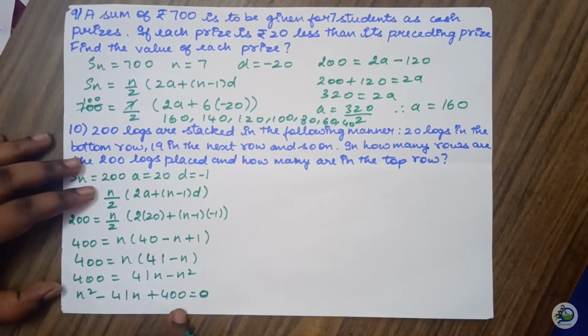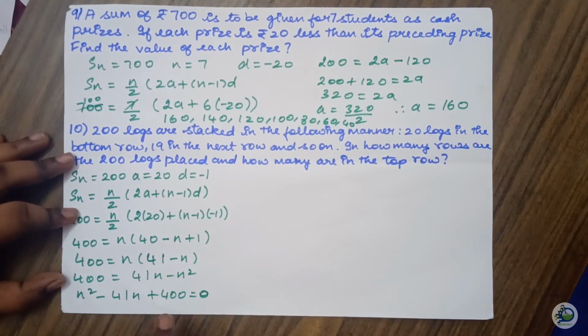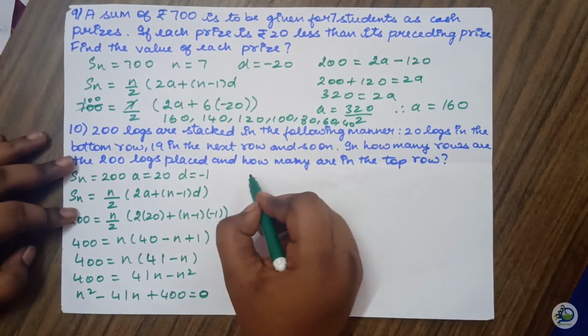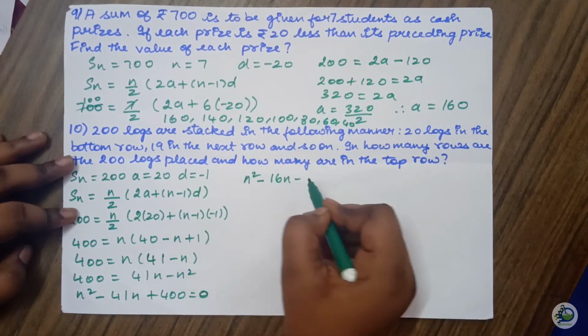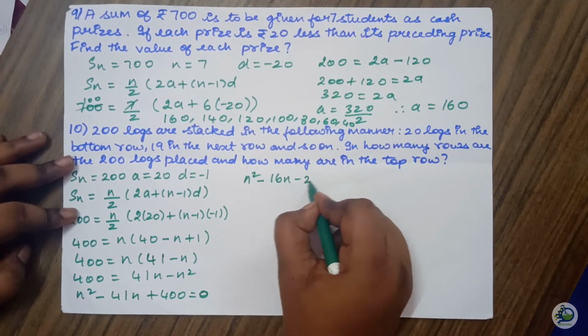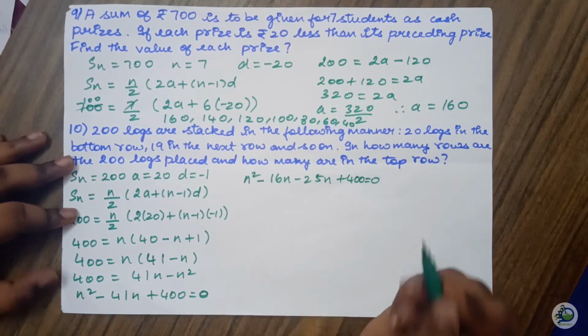Now we have to solve this equation and find the values of n. When I use the factorization method to solve this, I am getting minus 25 and minus 16. So n square minus 16n minus 25n plus 400 equal to 0.